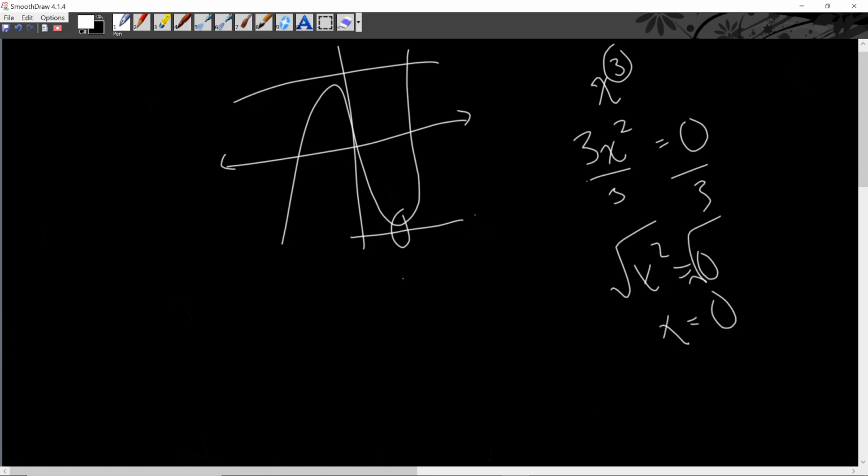But when you plug x to the power of 3 into some kind of calculator, or if you just graph the points yourself, you'll see it just goes straight through. That's because it's kind of like a bumper car. It's just going through the point.